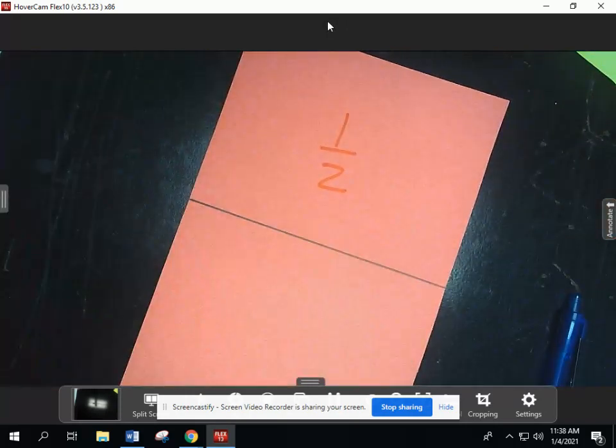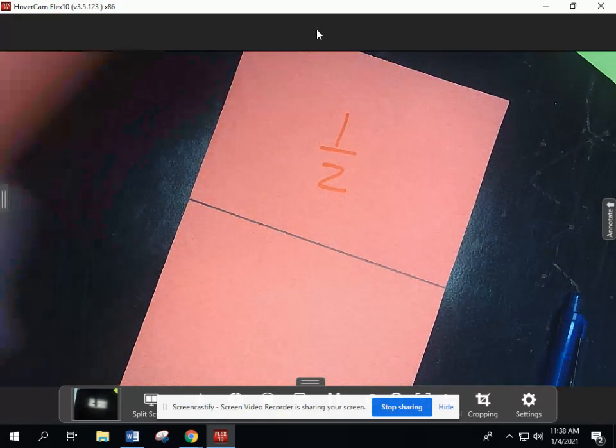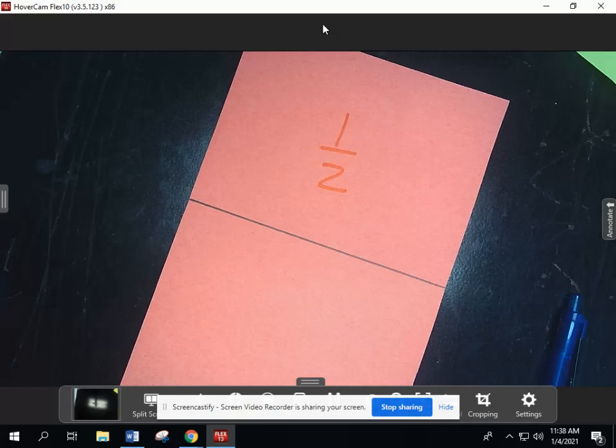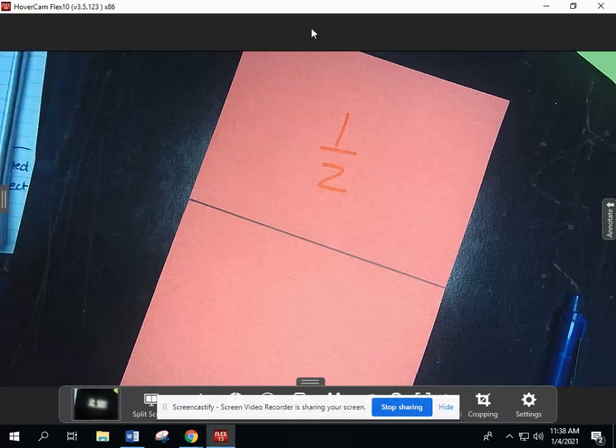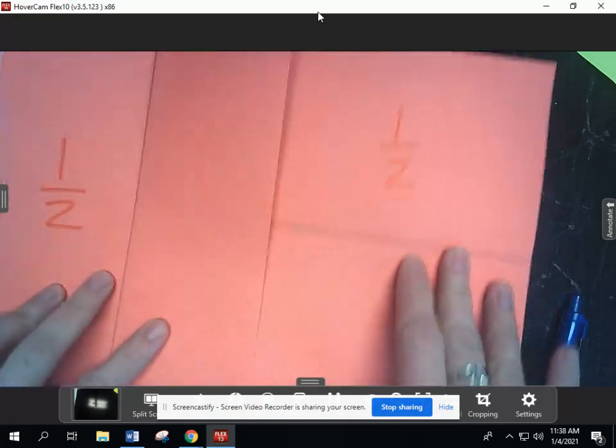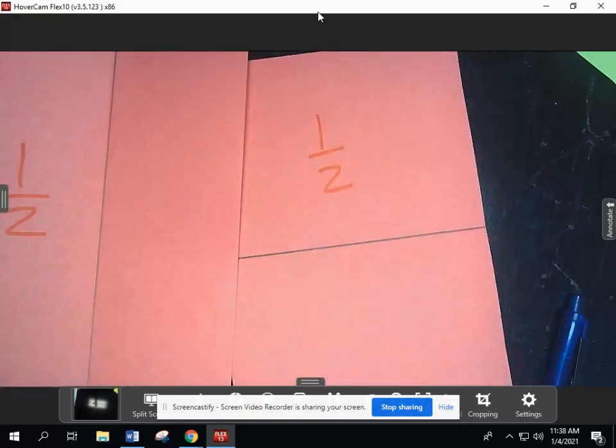Okay, if you have not already marked 1/2 on your paper that you folded, please do that. Mark 1/2. So whether yours looks like this or like this, you have 1/2 marked.